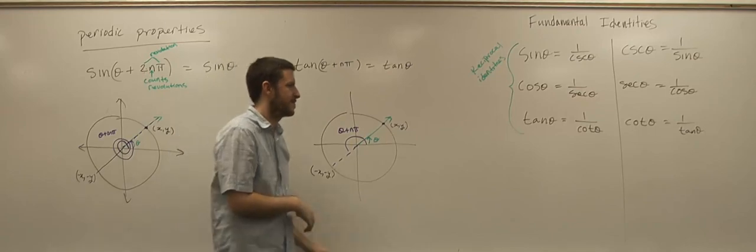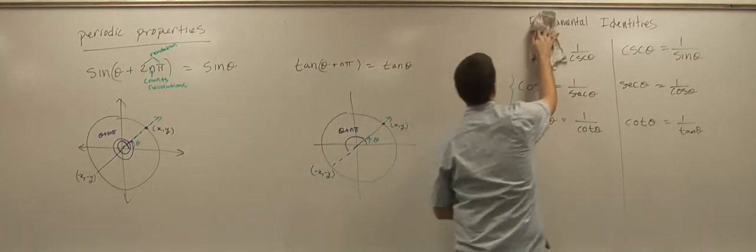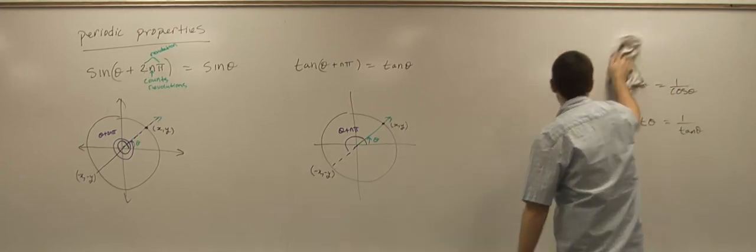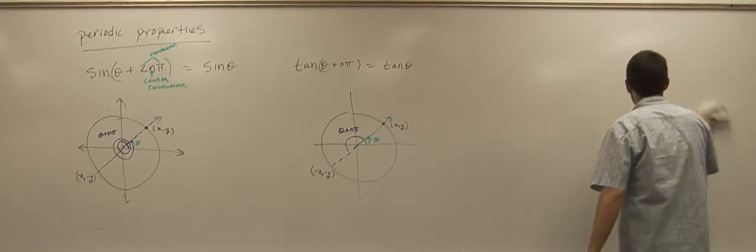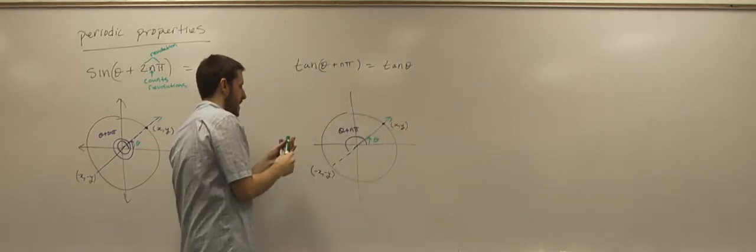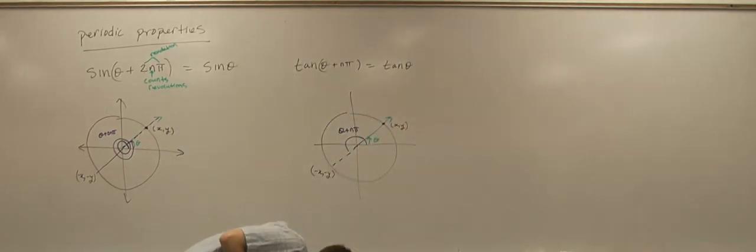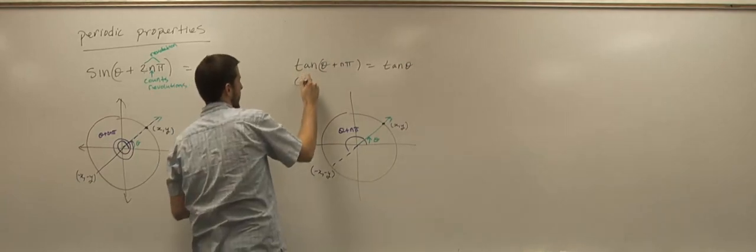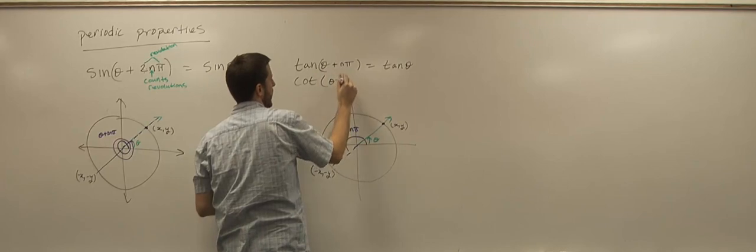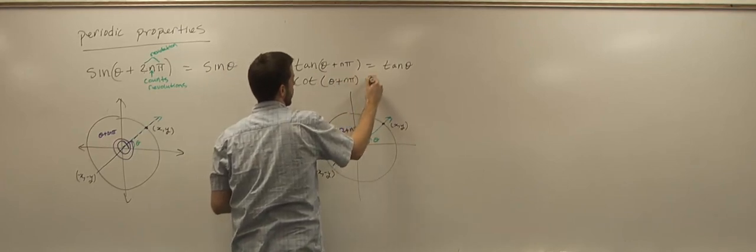Yes? Does that mean cotangent is the same? Yes, like 180 degrees again. Yes, because cotangent is x over y, or the reciprocal of tangent, it has the same property, and the negatives cancel. So cotangent of theta plus n pi will be cotangent of theta.